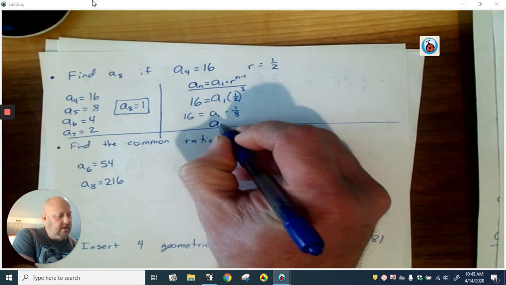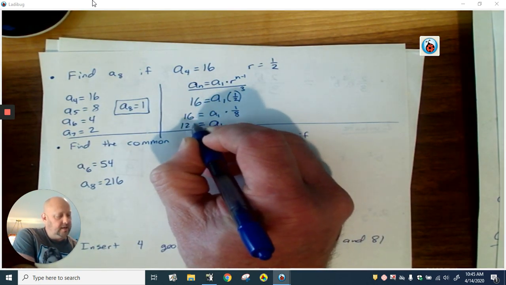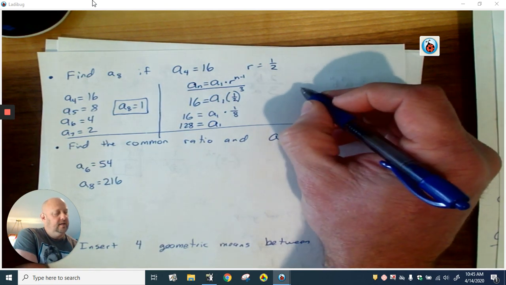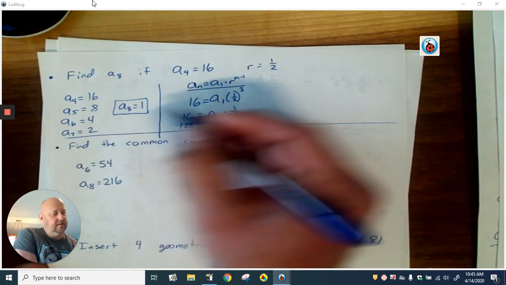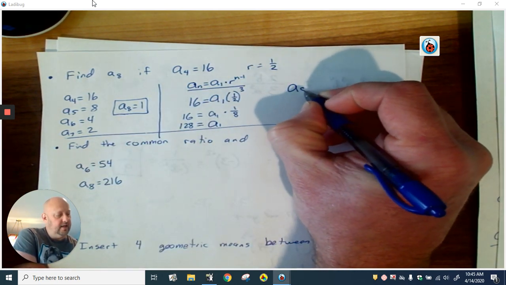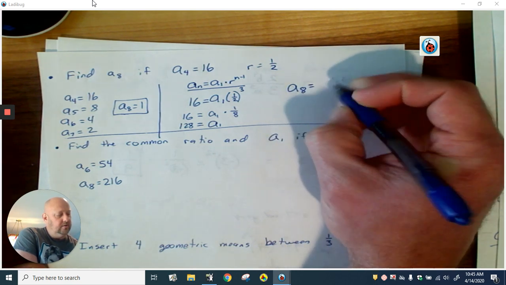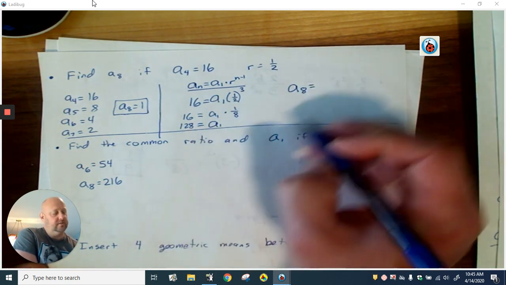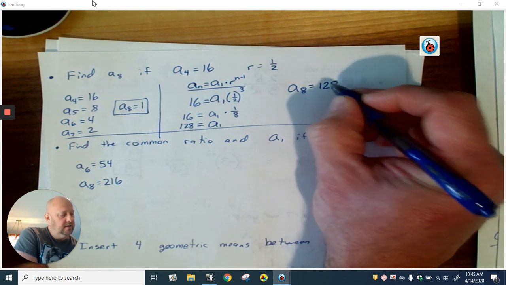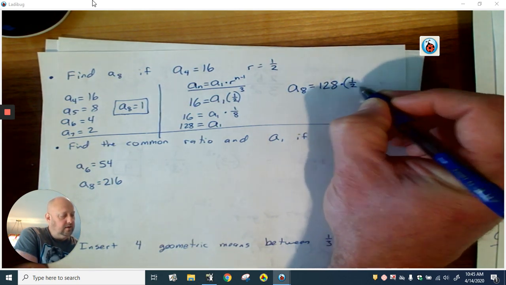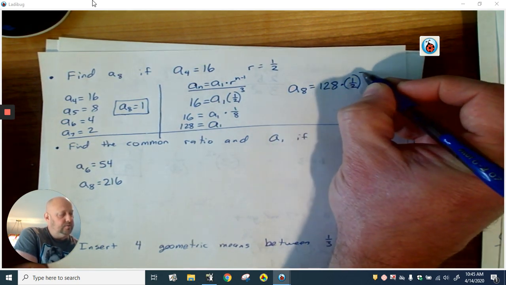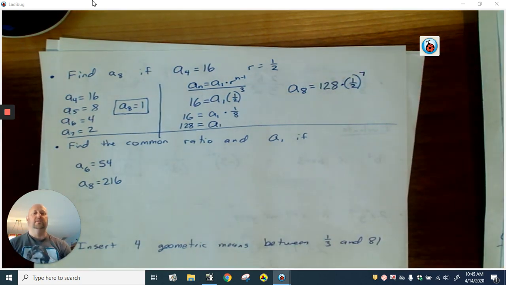So now that I know my a sub 1 is 128, now I can use my explicit formula again to find a sub 8, which would equal my a sub 1, which I just found is 128, times my r, which I knew all along, to the n minus 1, which was 7, and I could calculate that out.